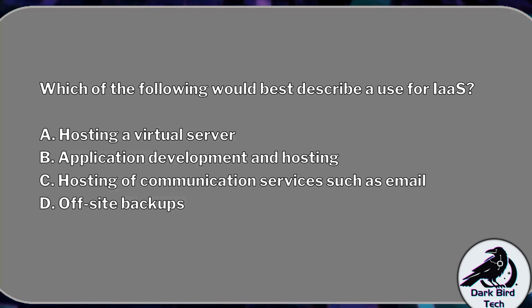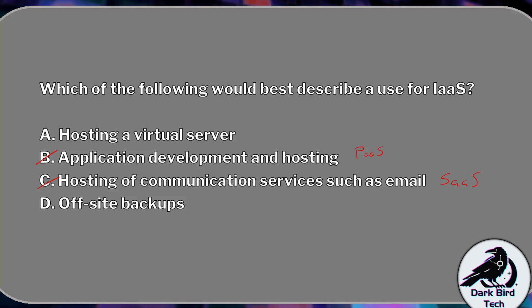So straight away, I'm going to eliminate B and C. The reason why is this can be PaaS as well. And communication services like email, that can easily be a Software as a Service option. So they're not exclusively Infrastructure as a Service. Running a virtual server though, yeah. I mean, look, that virtual server could be used for anything, but it's more of an IaaS thing.